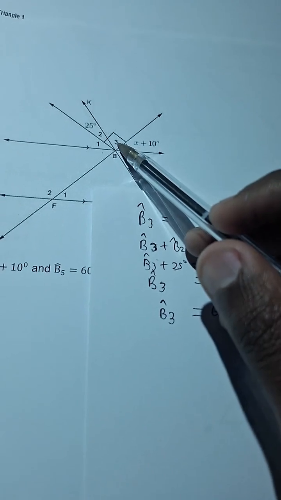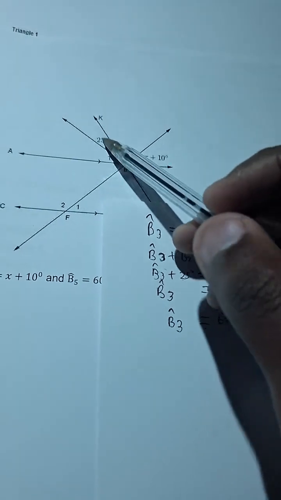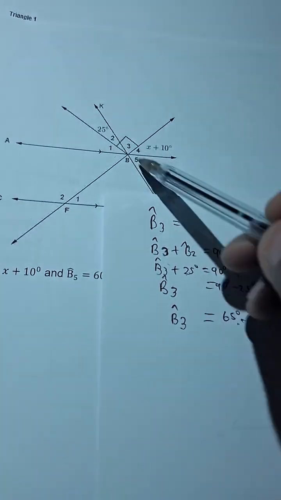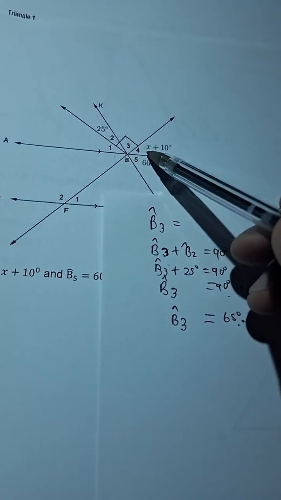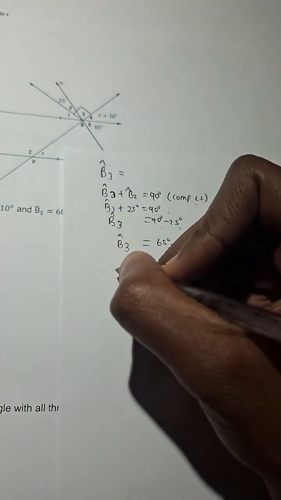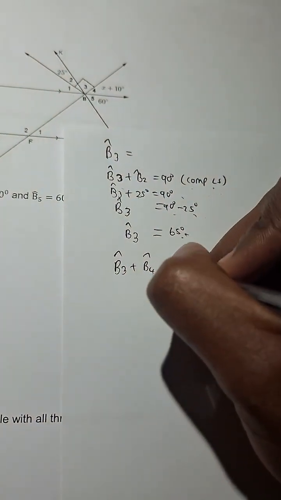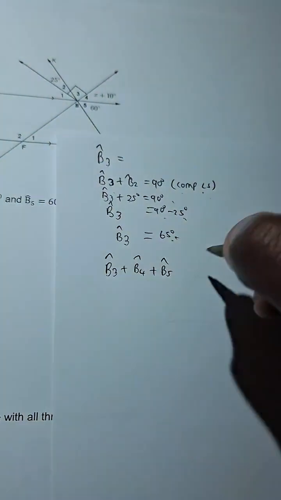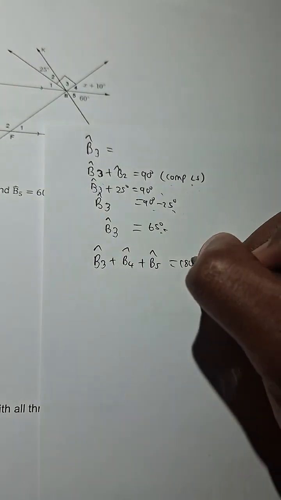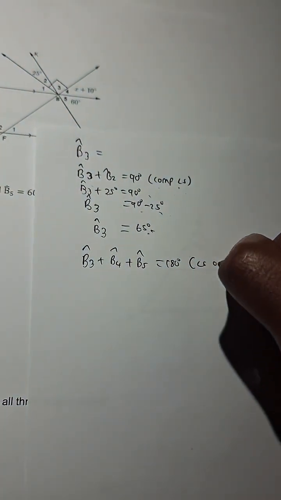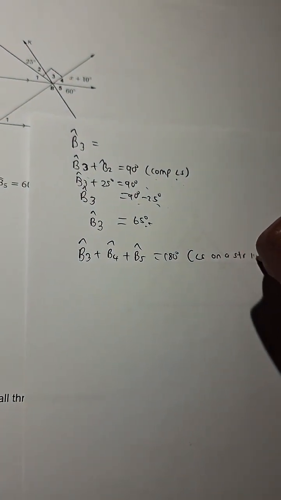Now that we have B3, this line is straight. It's a straight line, this one. So we can say angle B3 plus B4 plus B5 is equal to 180 degrees. Why? Angles on a straight line.